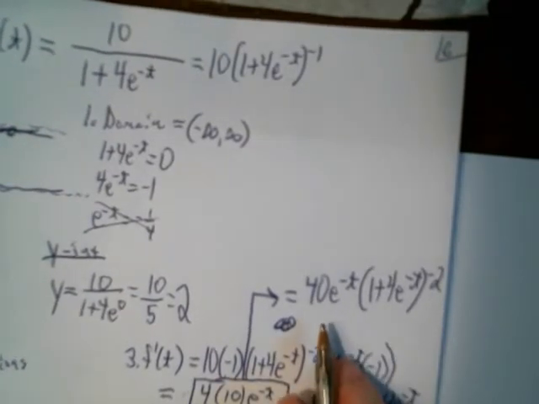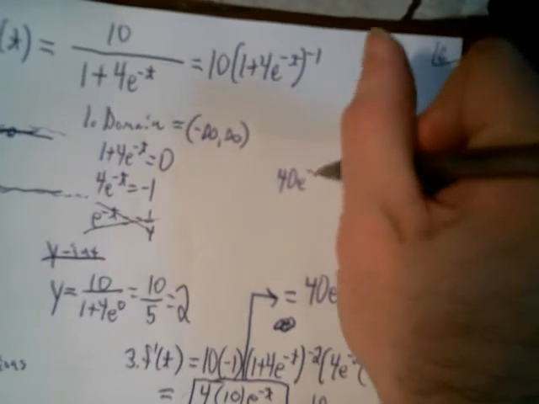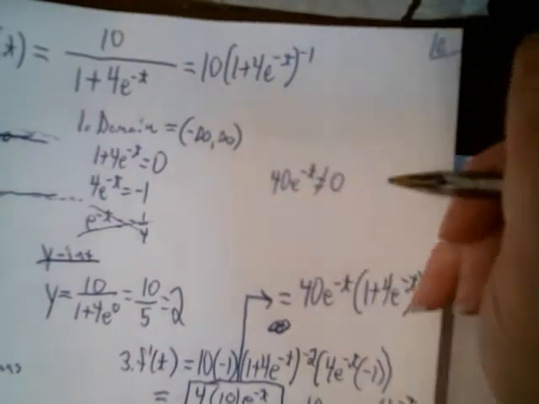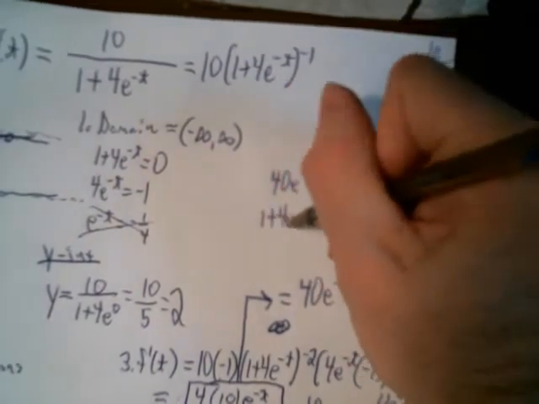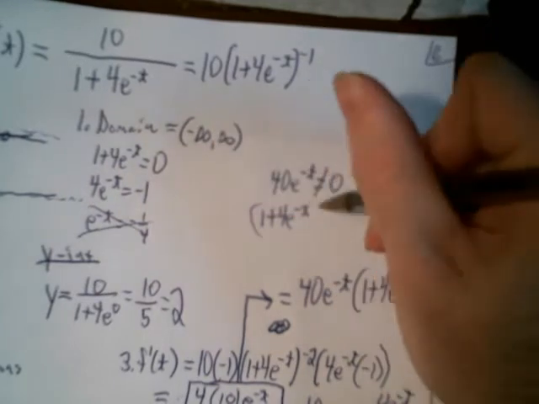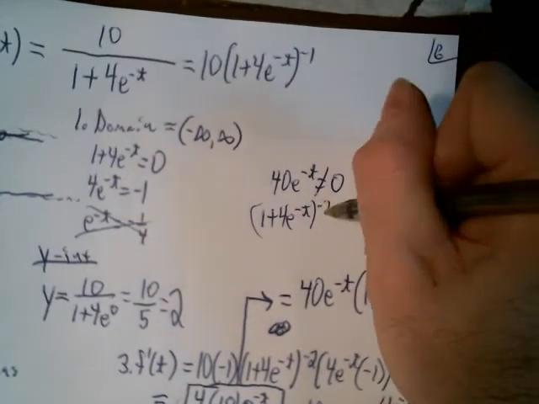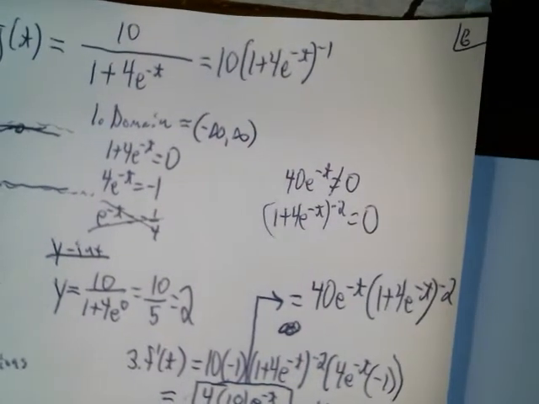So the critical numbers from this guy, the places where the numerator is equal to 0. So where is 40 e to the negative t equal to 0? Well, it's not, right? And then the places where 1 plus 4 e to the negative t, squared, to the negative 2, sorry, is equal to 0. Again, that's not ever going to be equal to 0.